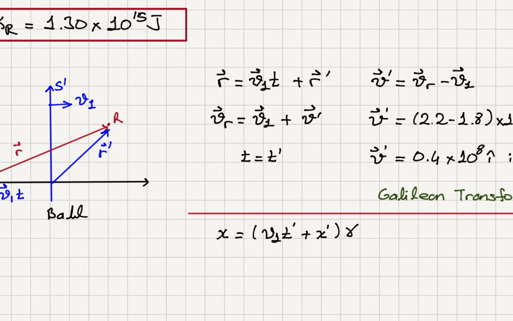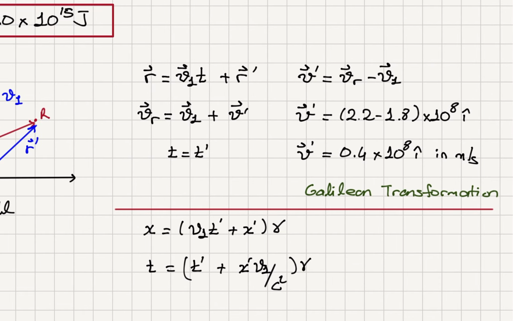So this has been modified. Time is measured differently in the prime reference frame. So v1 t prime plus x prime, times gamma, the relativistic correction factor. And the way time transforms, t is equal to t prime plus x prime v1, the product of these two, divided by c squared, multiplied by gamma, the relativistic correction factor.